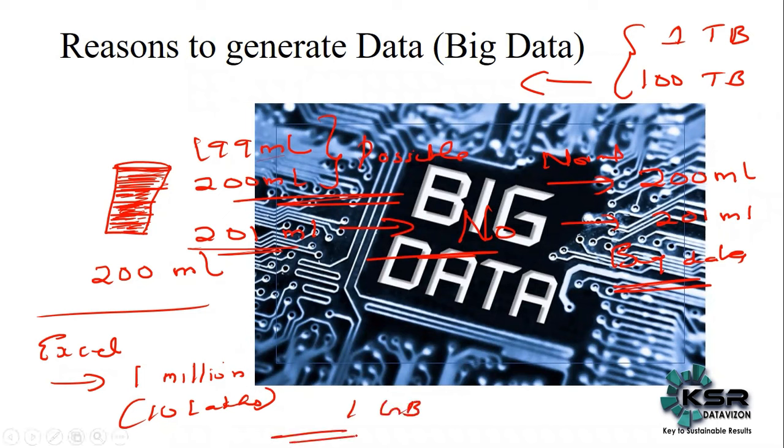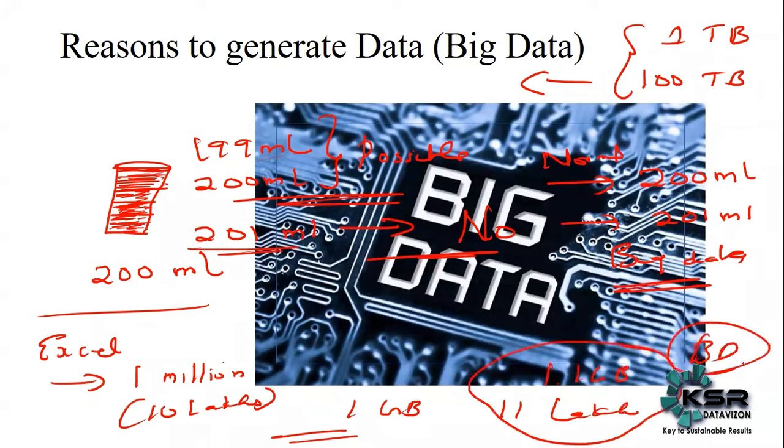Is this big data? Definitely no. If I have 11 lakhs and it's 1.1 GB, now this becomes big data. The reason? It cannot fit into a traditional system. What is a traditional system? A normal Excel file, it's not able to fit. Then I have to go with another server. That is what big data is about.